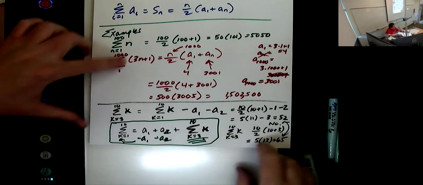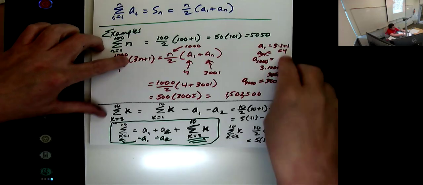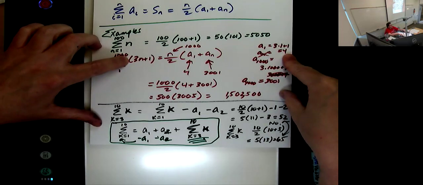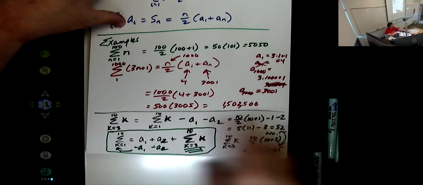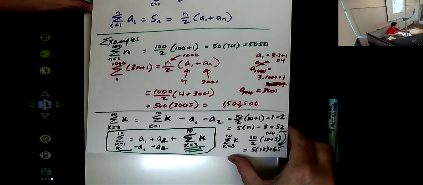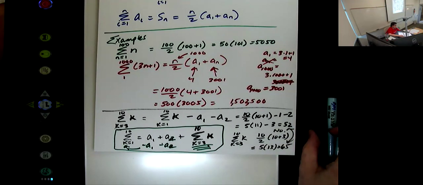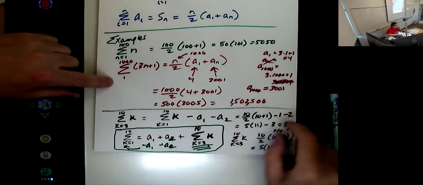But if it was like the one up here, A1 and A2 are 4 and 7. So it's dependent on the formula. That formula up there only works if you have an A1. It's got to start at A1.